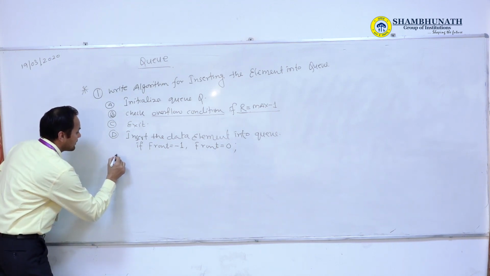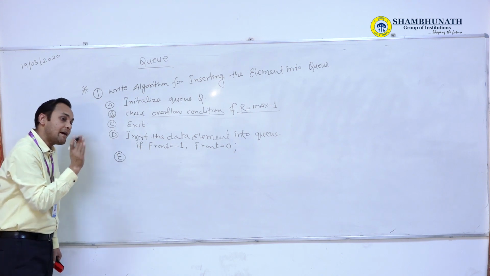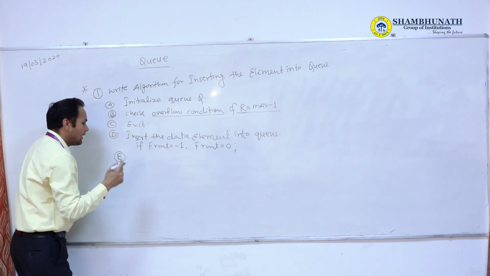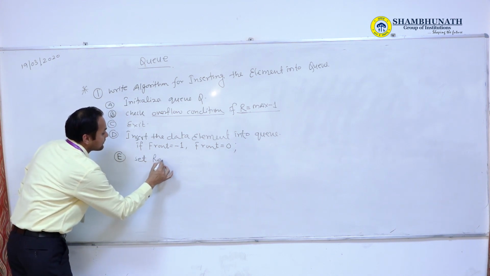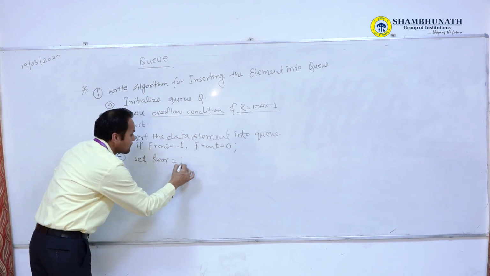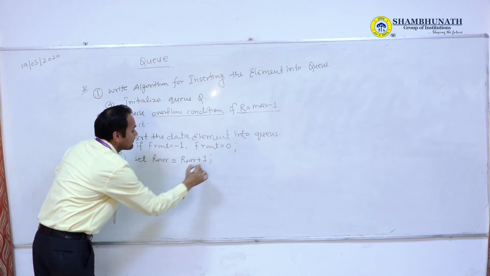Step number E. Insert the data element at the rear end of Q. That means change the position of rear. Set rear equals rear plus 1.